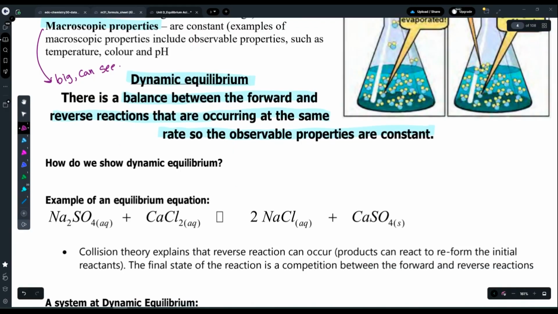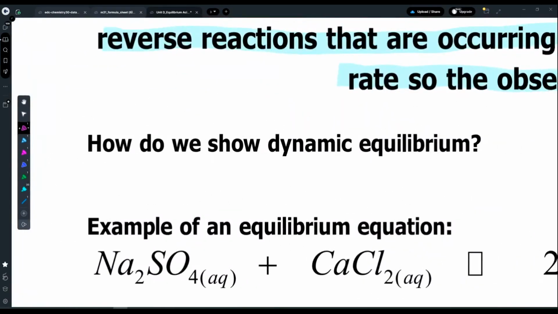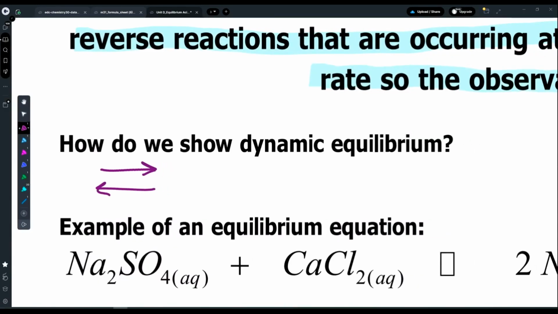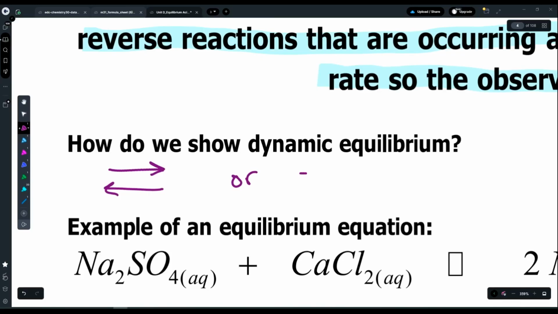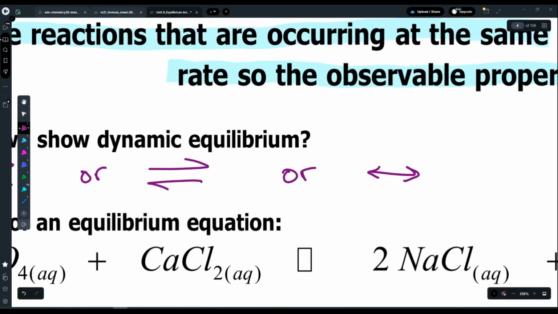Now, to show dynamic equilibrium in a chemical reaction, you can use one of three different ways to draw the arrows. You can draw the arrows like that, with one forward and one reverse arrow, or a different way to do the same thing would be like that, or you could draw the arrows like that.